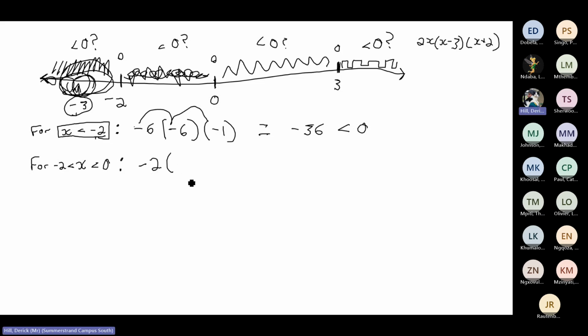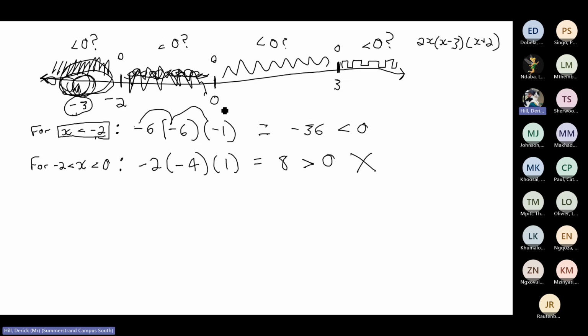Minus 1 minus 3 is minus 4. And minus 1 plus 2 is 1. And that's going to give me minus 2 times minus 4 is plus 8 times 1 is just 8. This is greater than 0. So we are not going to look at this interval in our final answer.